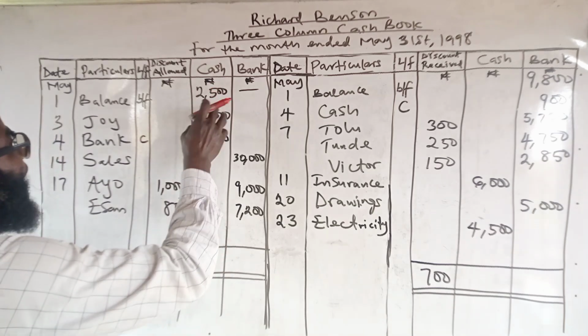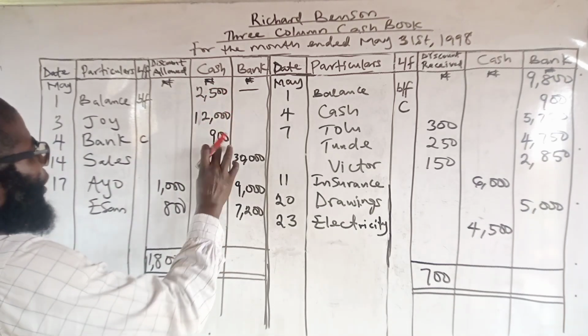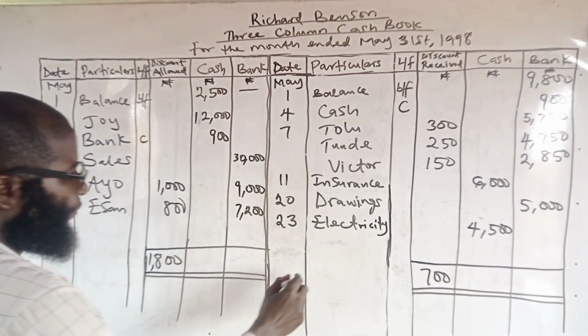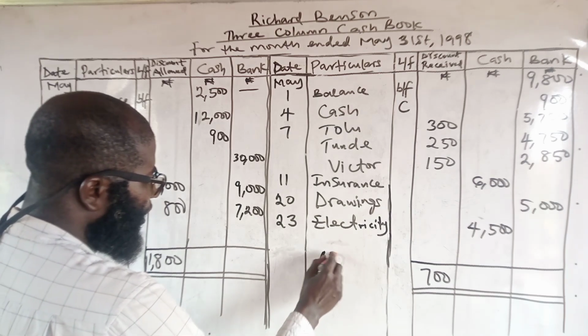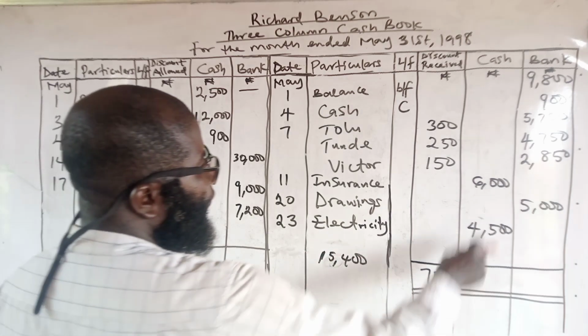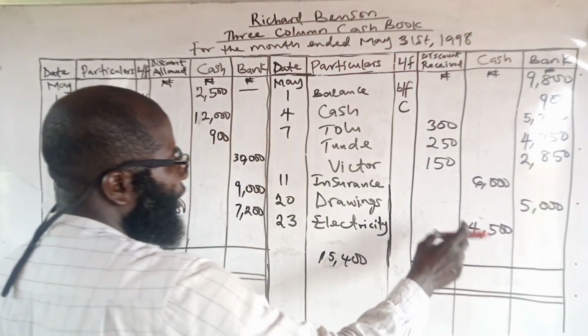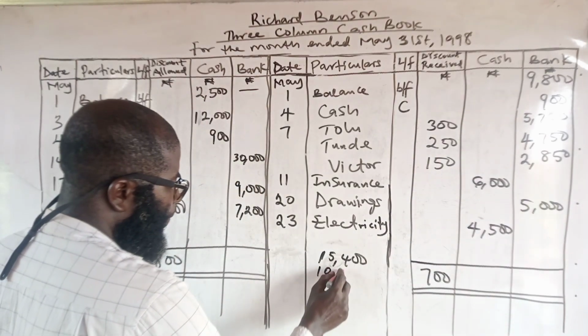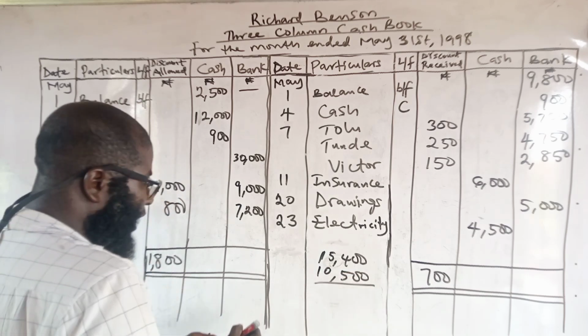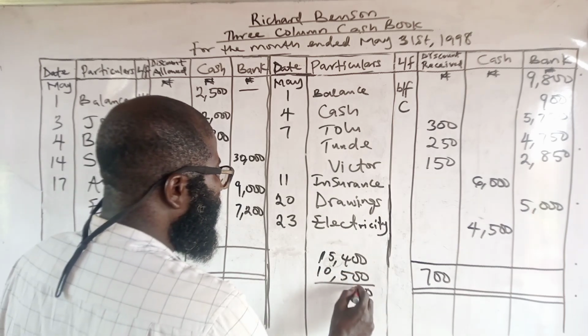Now, what we have in here, 25 plus 12,000 plus 900, we're having 15,400. Then for the cash column, I mean on the credit side, 6,000 plus 4,500, that is 10,500. Then we can now take it away.